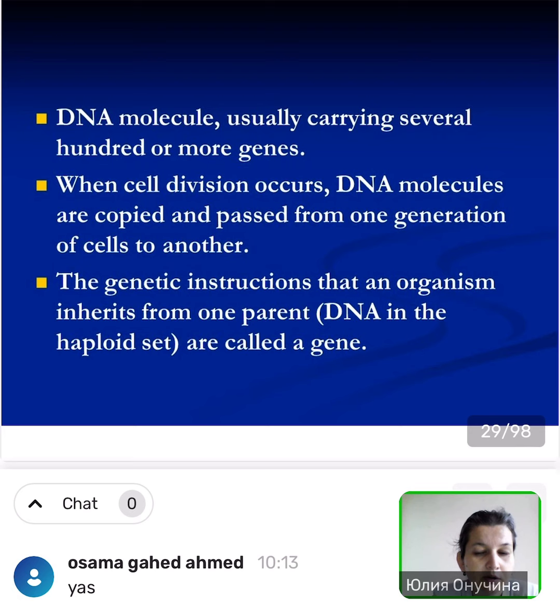When cell division occurs, DNA molecules are copied and passed from one generation of cells to another. And genetic instructions that an organism inherits from one parent are called genes. So this gene will be the unit of our genetic information.